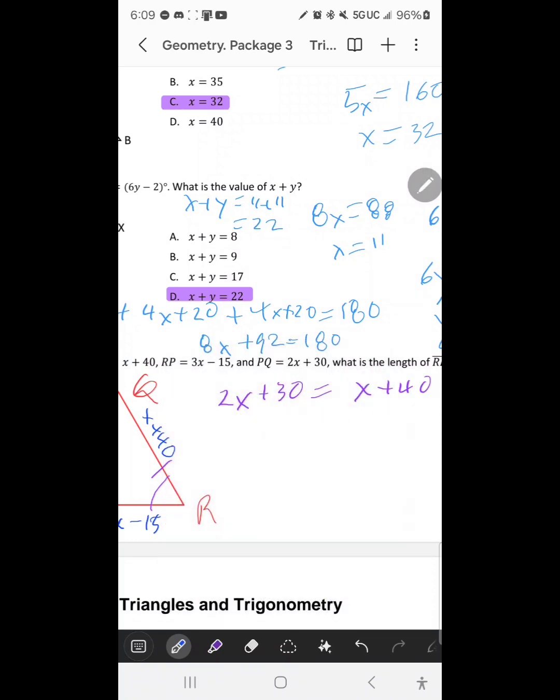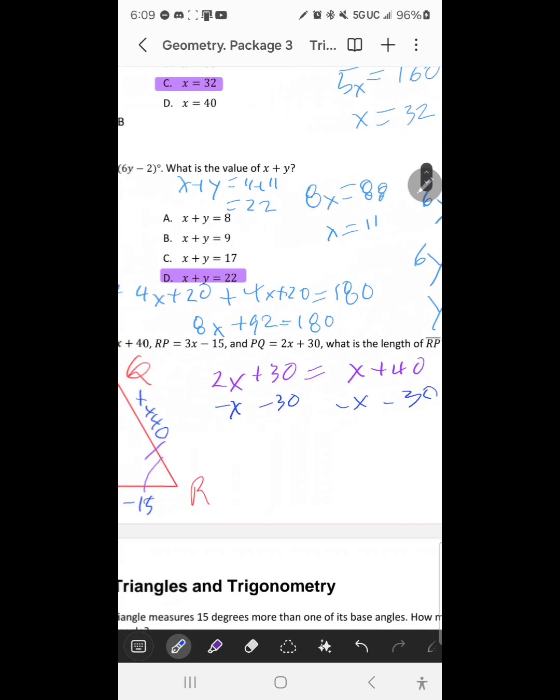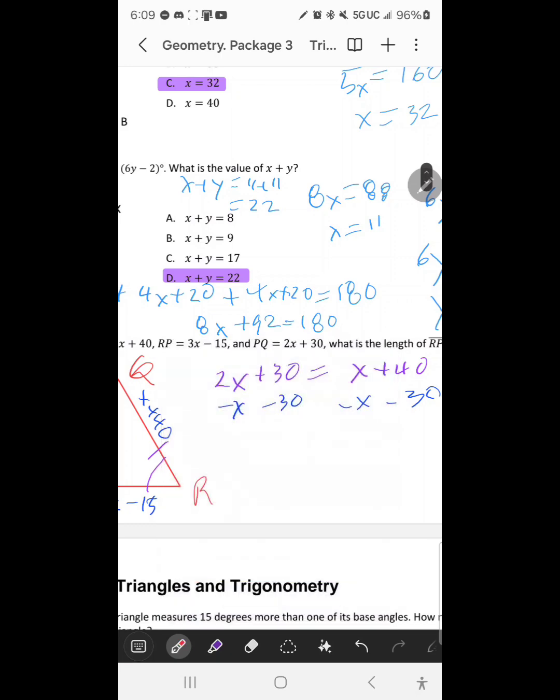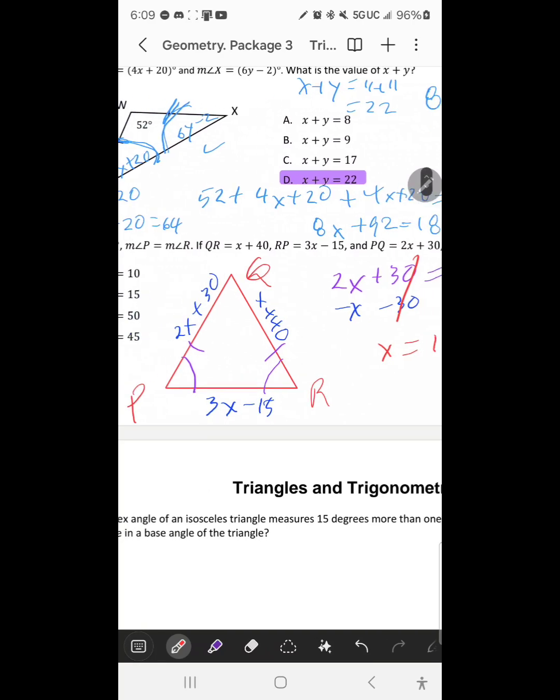So I'm gonna subtract x from each side and subtract 30 from each side. And I can cancel out this one, cancel out this one, and I get that x equals 10. Now we have the value of x, so we're gonna just substitute in the value of RP.